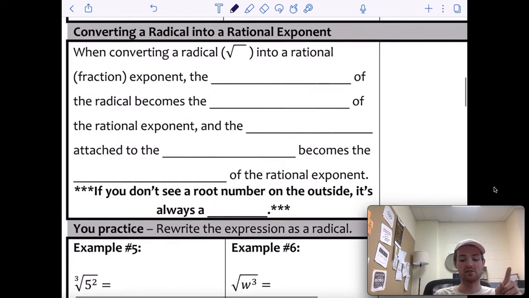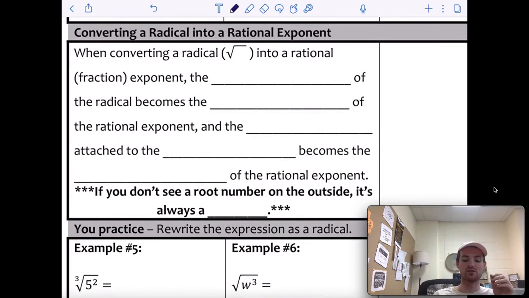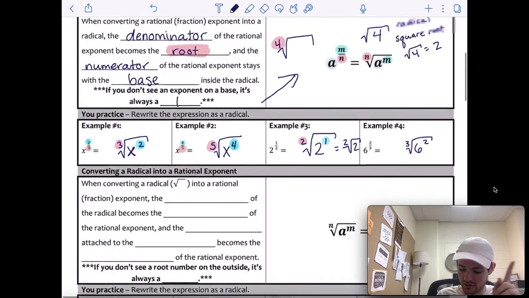The other way of going backwards, when converting a radical into a rational exponent, let me make sure I keep this straight.